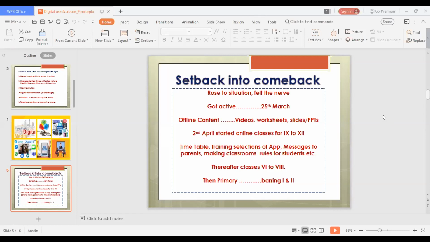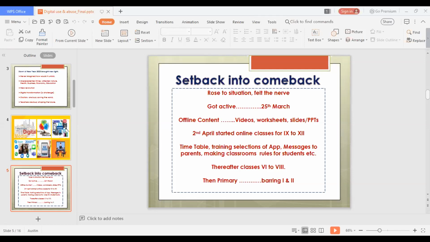We started sending offline content in the form of videos, worksheets, slides, and PPTs to our children of all classes. And then it was on 2nd of April that we started our online classes for classes 9th to 12th with proper timetable, with proper training of the teachers, classroom rules for the students, etc. We also took parents into confidence and we got ourselves ready for this trying time.